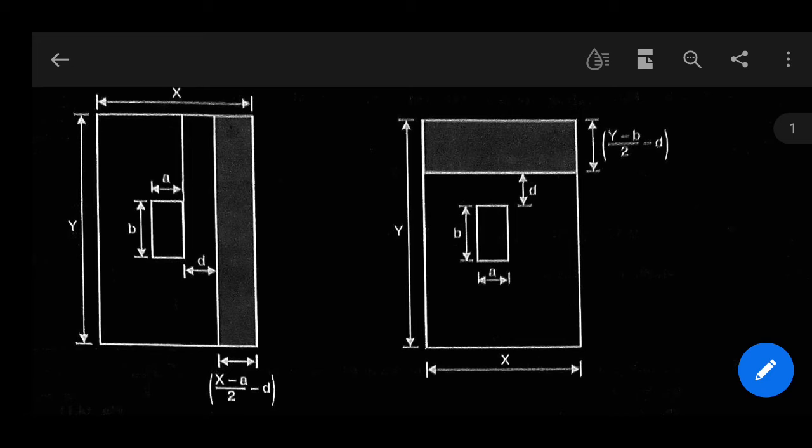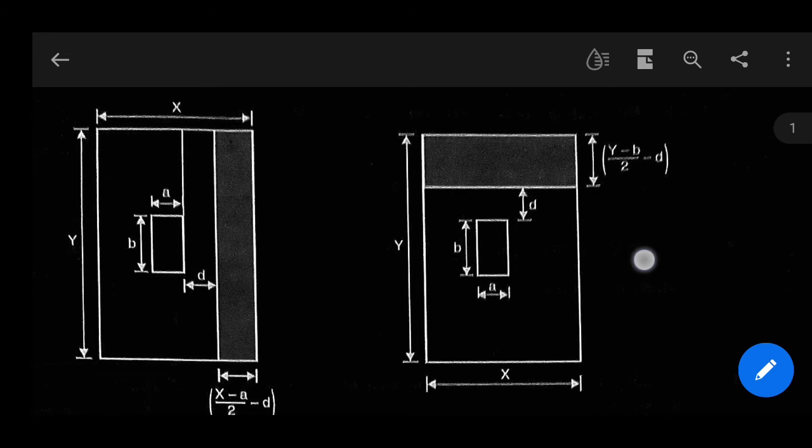So Y minus b means the total value except the column portion, and we divide it by 2 to take the value of one side, and minus d, that means the distance from column outer face.